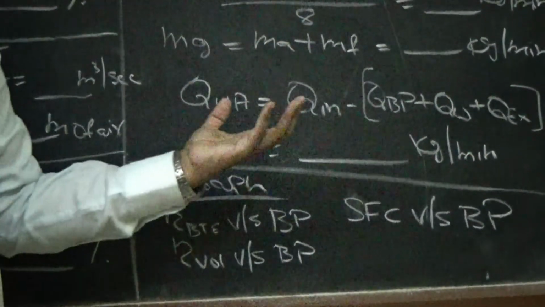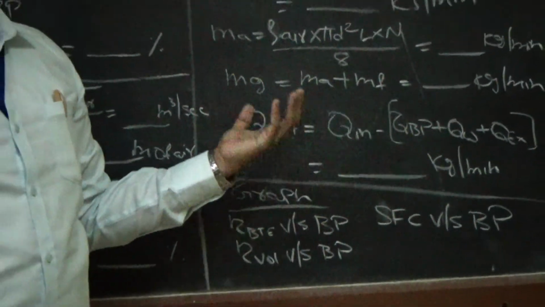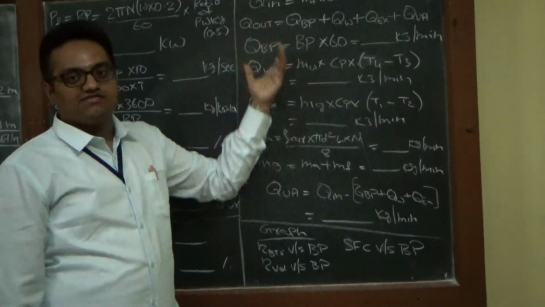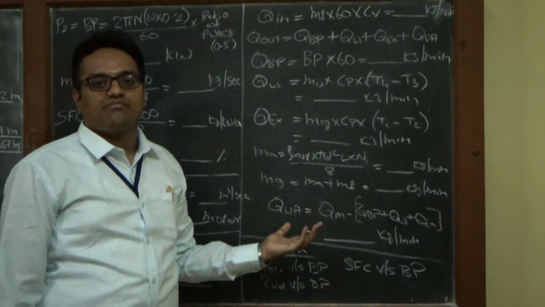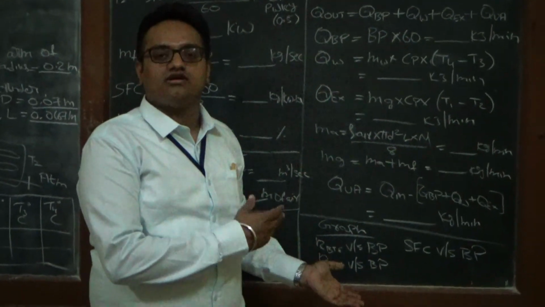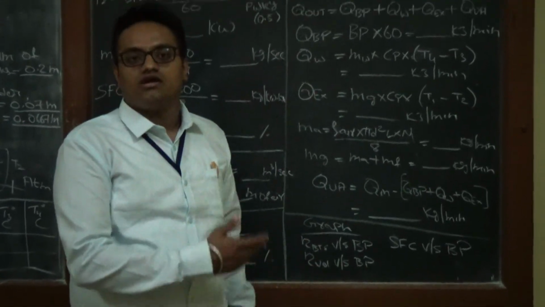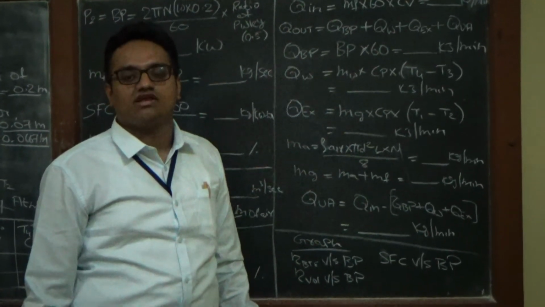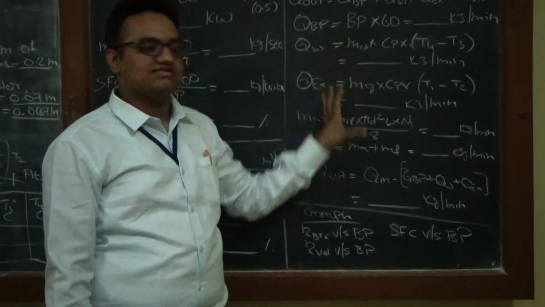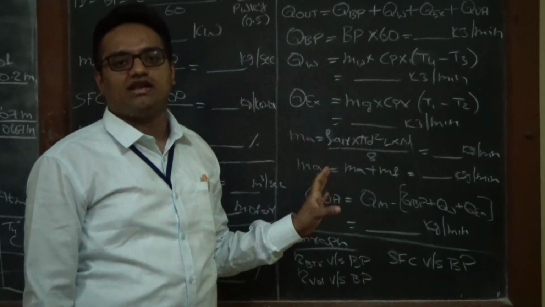There is a way to represent the heat balance sheet; I have just shown you the calculation. Please refer to your manual for the heat balance sheet format. You have to represent all these calculations in the heat balance sheet itself.